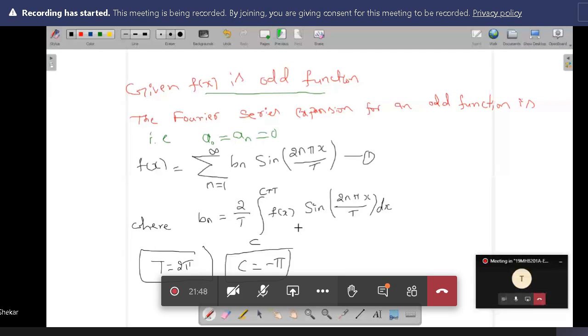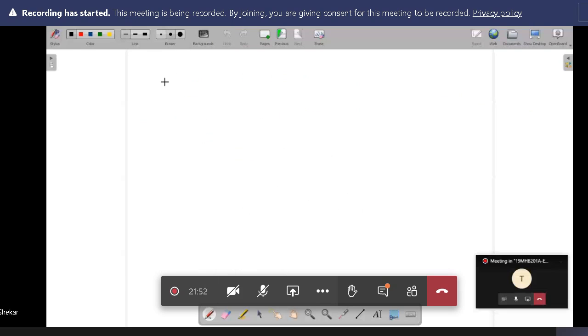So bn equals 2 by 2 pi, integration from minus pi to pi, f of x into sine 2n pi x divided by 2 pi dx.